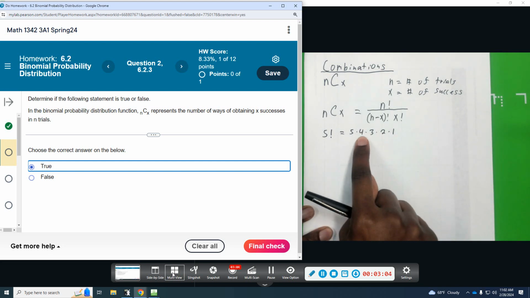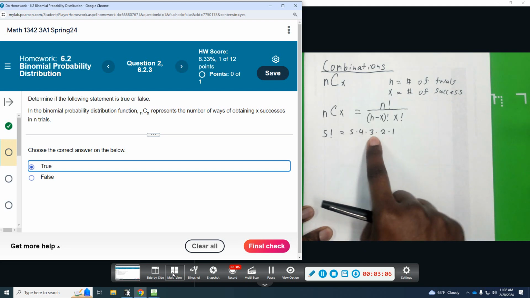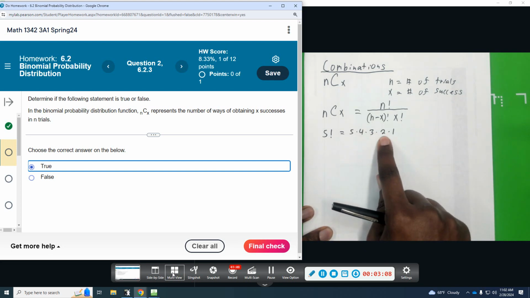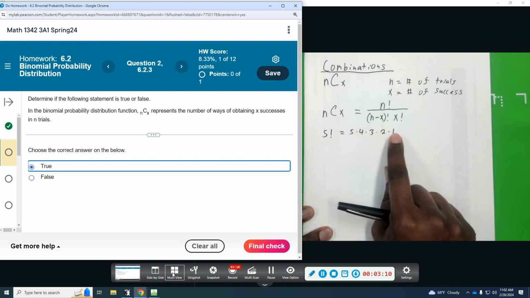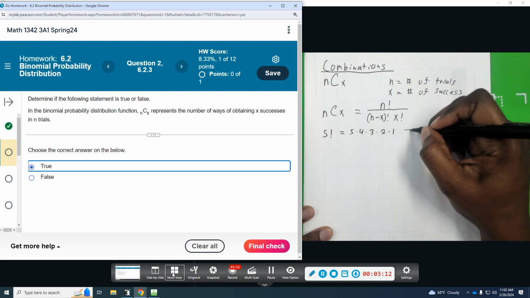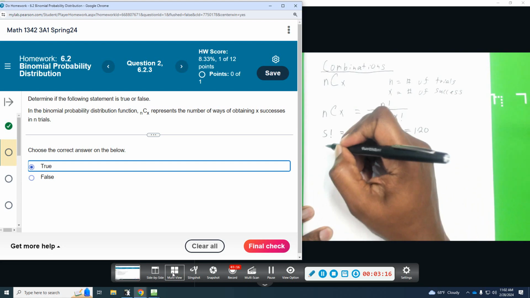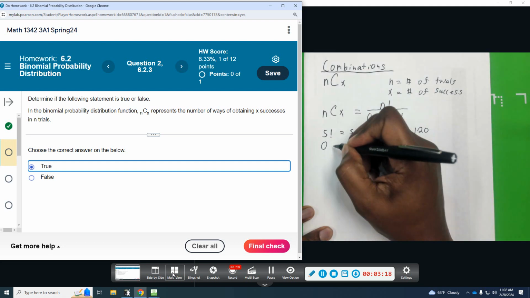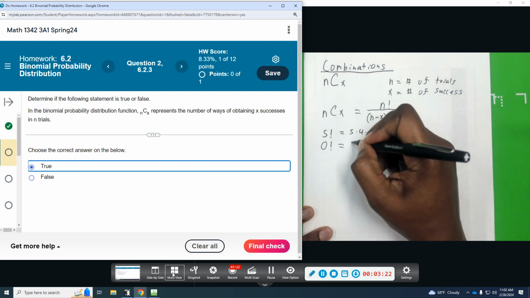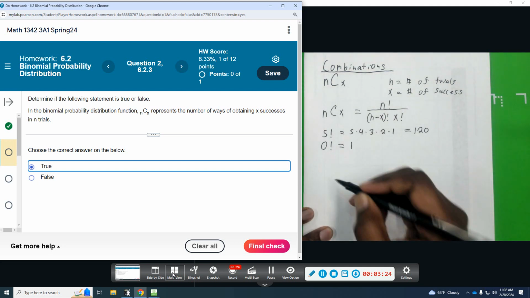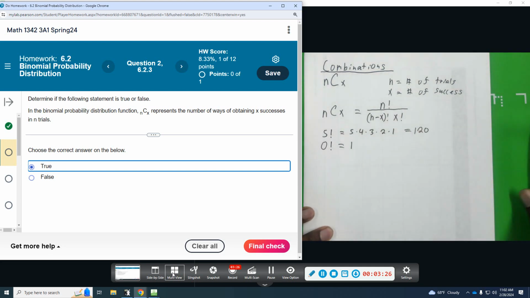So 5 times 4 is 20, 20 times 3 is 60, 60 times 2 is 120, 120 times 1 is still 120. So this would give you 120. Also, an important note to know is 0 factorial is equal to 1 by definition. So if you have 0 factorial, that's equal to 1.